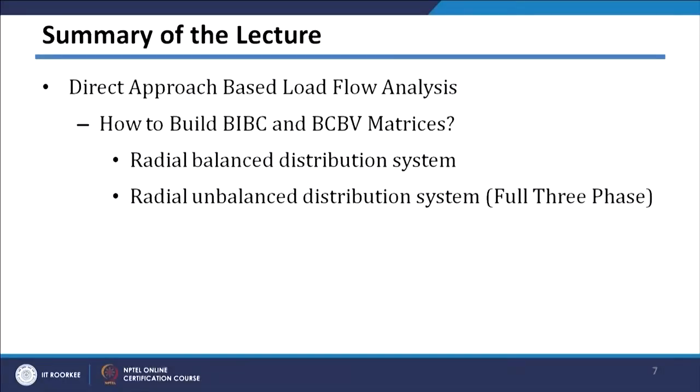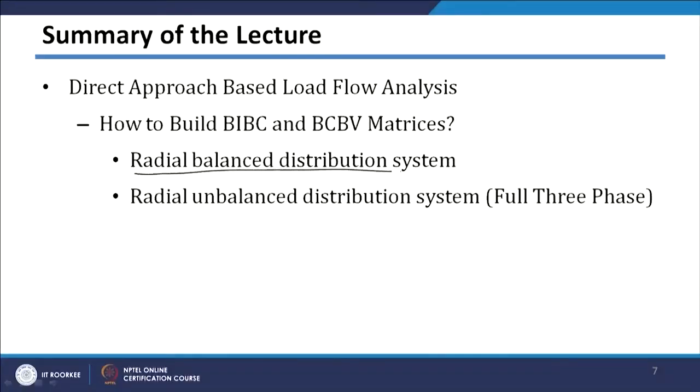Okay, so in today's lecture, we have seen how to get your BIBC and BCBV matrices from the configuration of the system, or if you know the line data of the system. We have seen how the logic is formed, and based on this logic we can develop your code and build BIBC matrices.